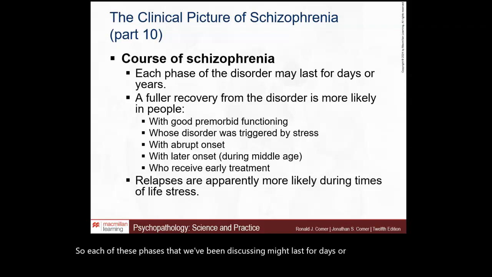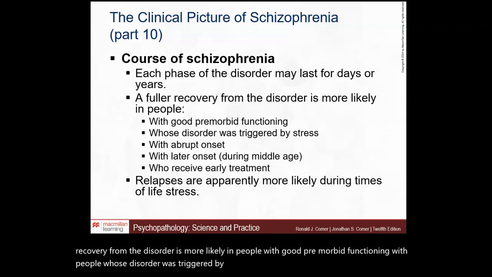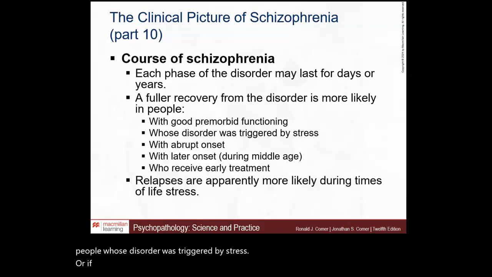A fuller recovery from the disorder is more likely in people with good pre-morbid functioning, people whose disorder was triggered by stress, those who experienced an abrupt onset, or those who experience a later onset during middle age. What's important is that they receive early treatment.